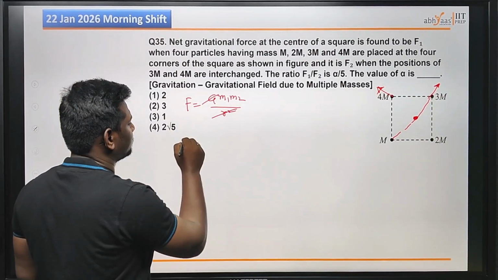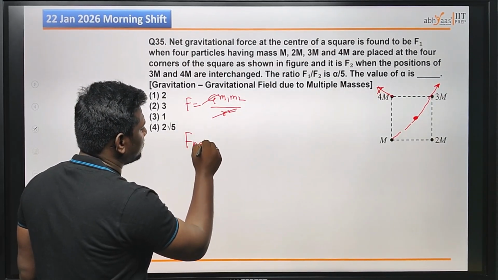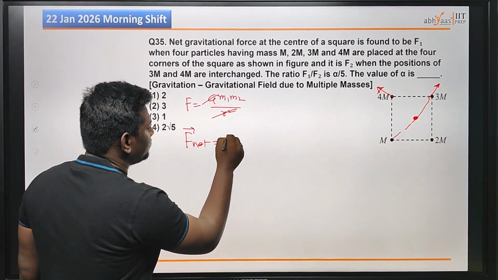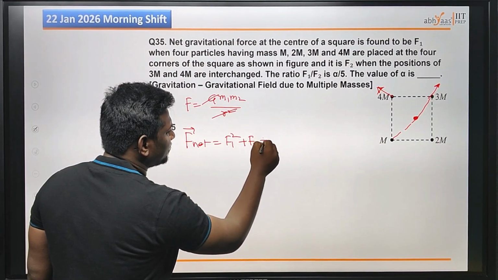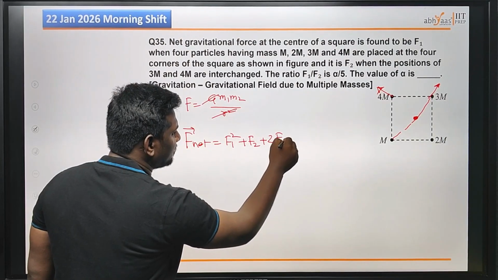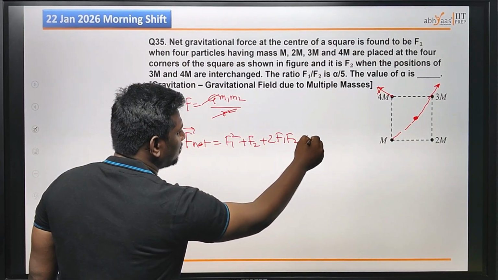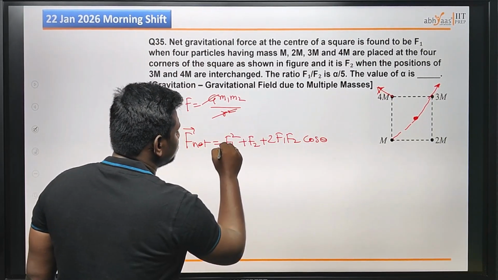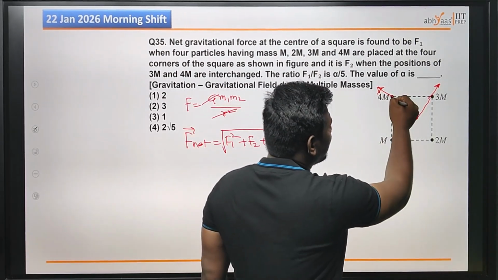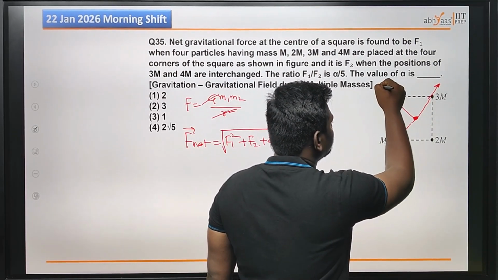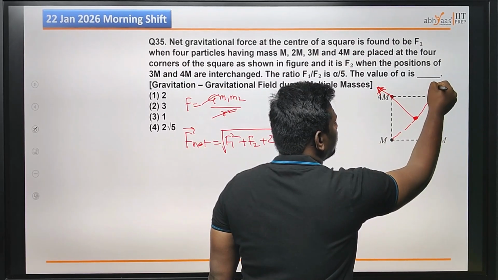F net can be written as root of F1 square plus F2 square plus 2 F1 F2 cos theta. So the net force is acting along the diagonals.